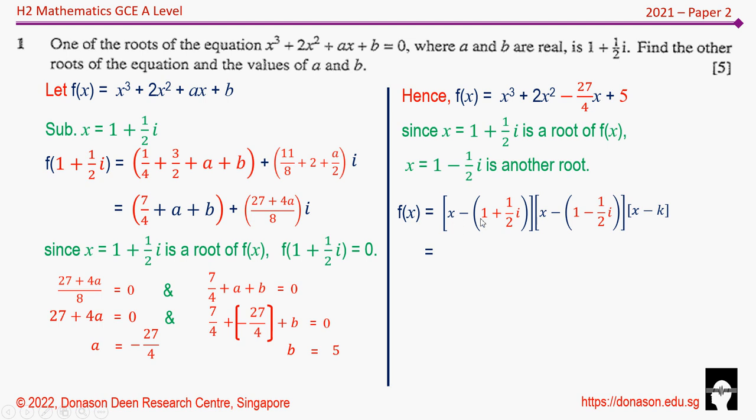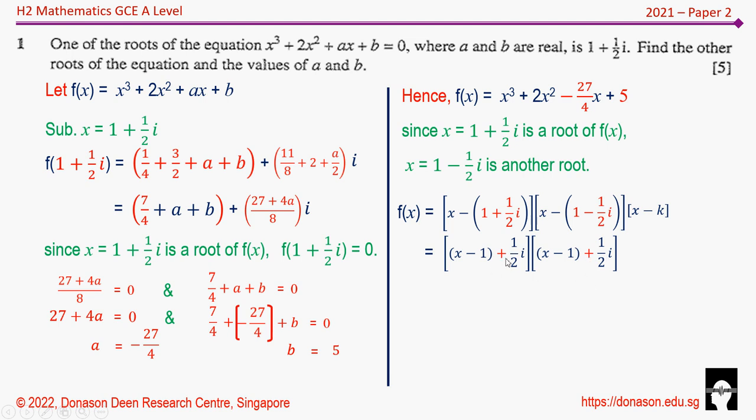So this part we can open up the bracket here. It's going to give you x minus 1, and then minus plus is going to give you x minus 1. This should be minus half I, and this should be x minus 1 minus minus is plus half I, or there's a mistake here.